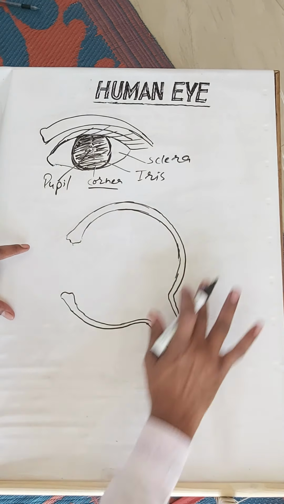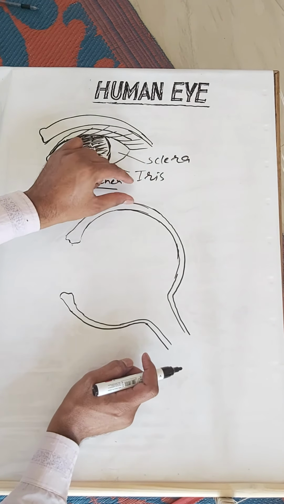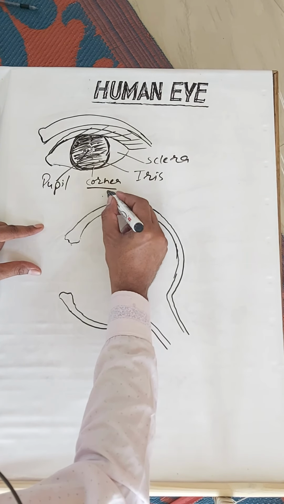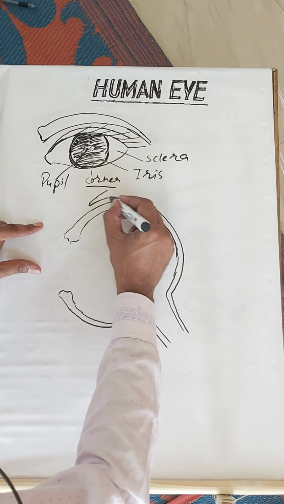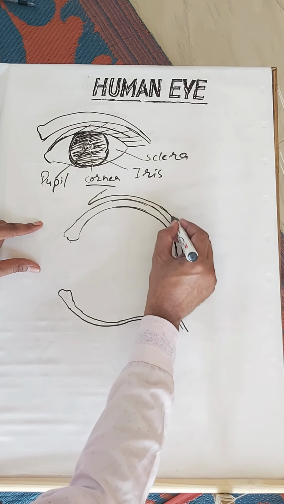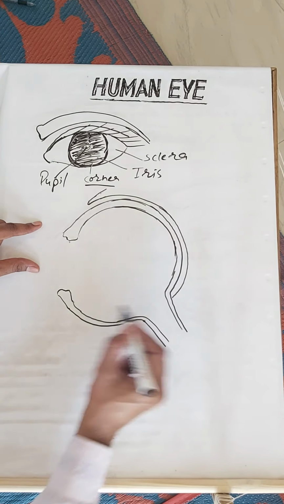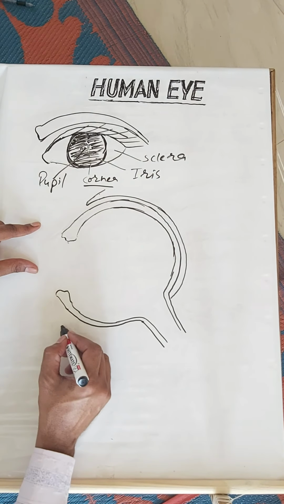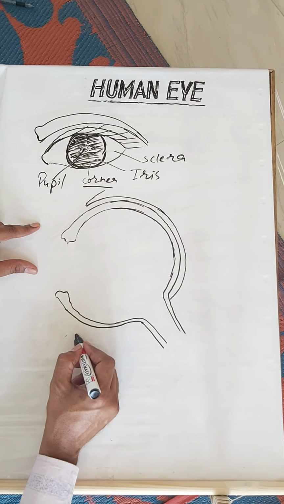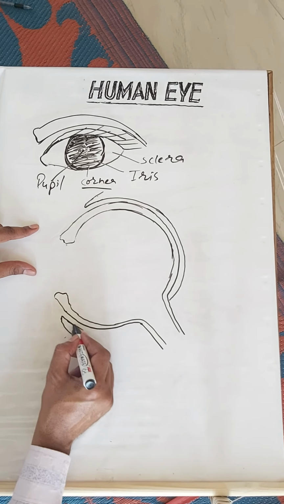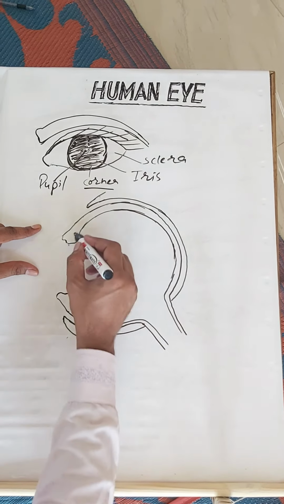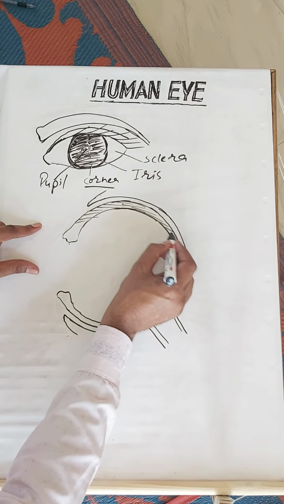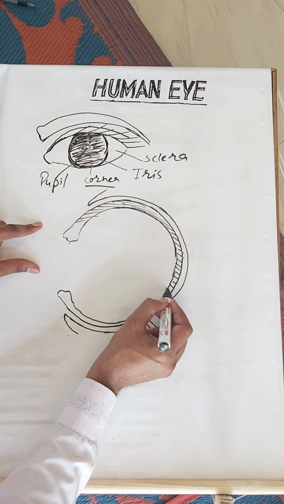Spherical part, circular portion, there are three layers. Middle layer is choroid. The outermost layer, this layer is sclera. Okay, this white layer sclera. Here inside it is the internal part, outermost layer. Okay, and this is middle part, choroid.